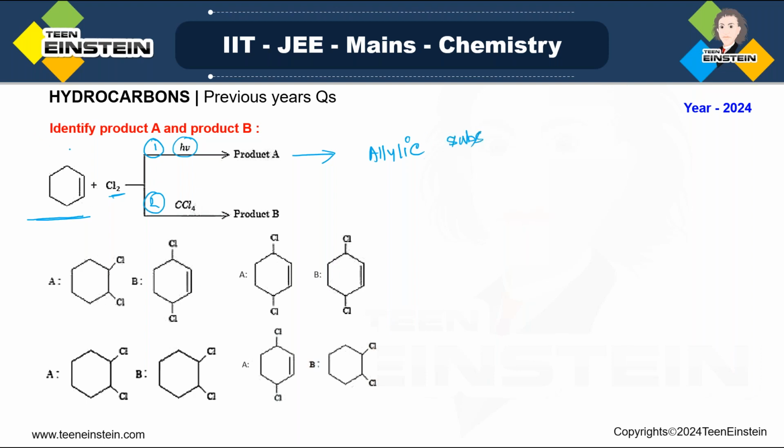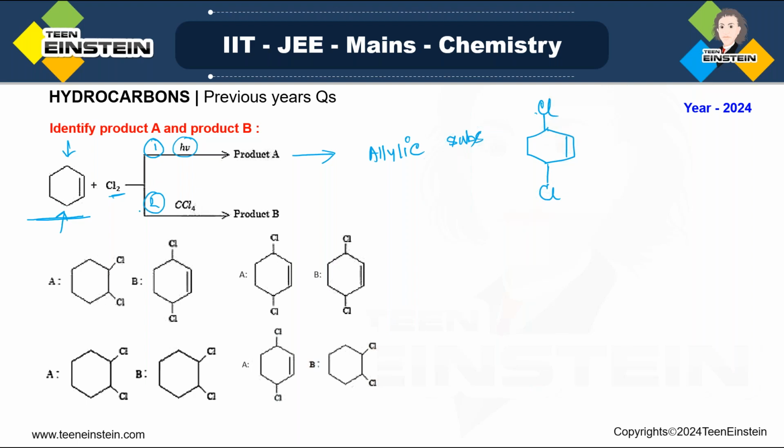Now the allylic positions are these 2 positions, and in these 2 positions you have 2 hydrogens. Those 2 hydrogens will be replaced by chlorine atoms. And this is basically a radical type of mechanism. Basically, it is not addition, it is substitution. Simply, you have substituted the 2 hydrogens with 2 chlorine atoms. The C=C double bond is still present. So it is obviously substitution, not addition.